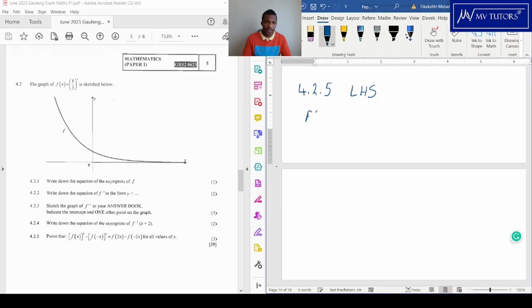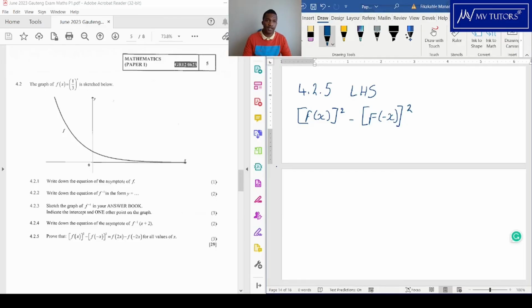So on the left-hand side, f of x in square brackets, squared, minus f of minus x in brackets, squared.